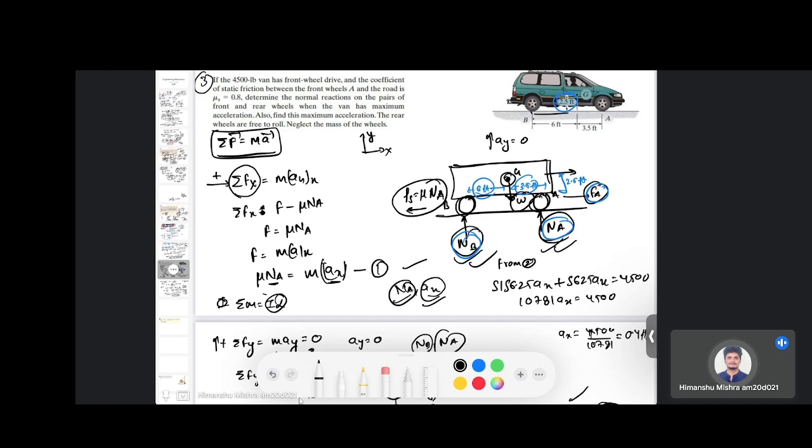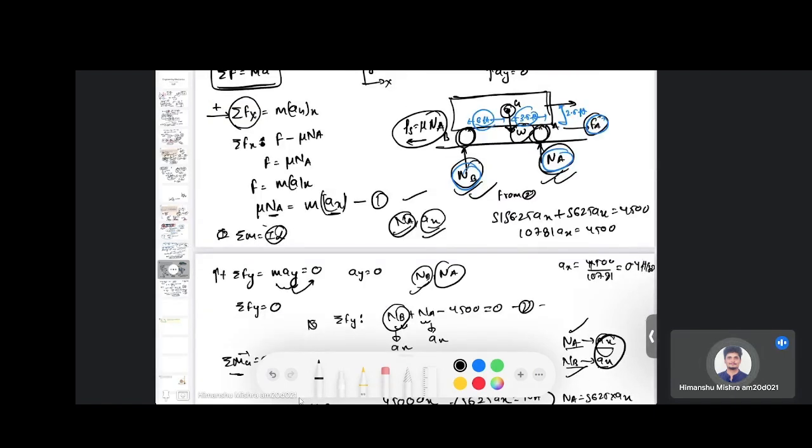First we made the free body diagram and identified the unknowns and the overall number of forces acting. From the force balance equation, we found that we have more unknowns than equations. So we wrote down the two equations from force balance and found there are three unknowns, NA, NB and AX. And so we need a moment equation.